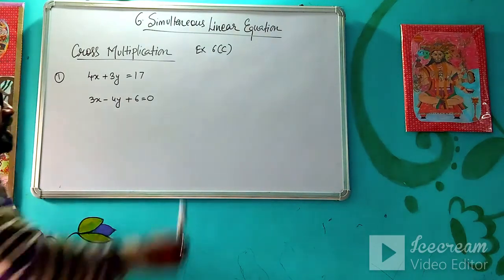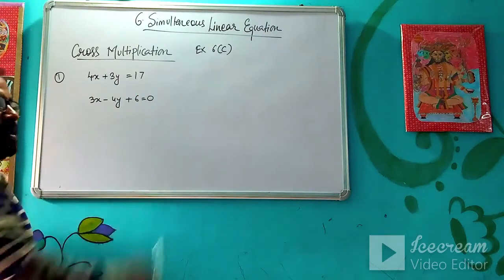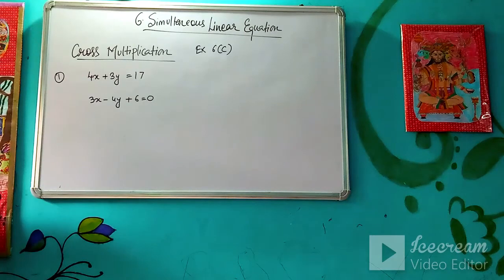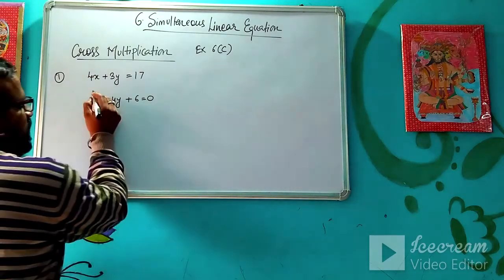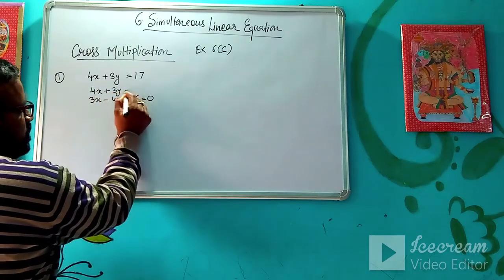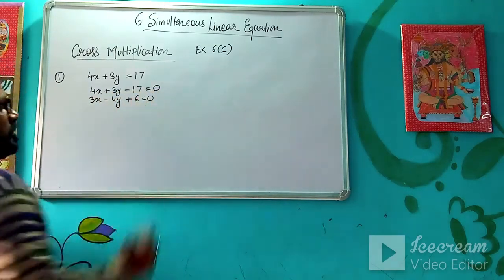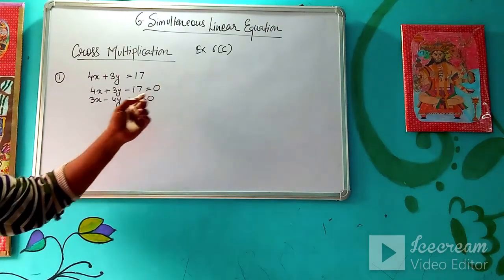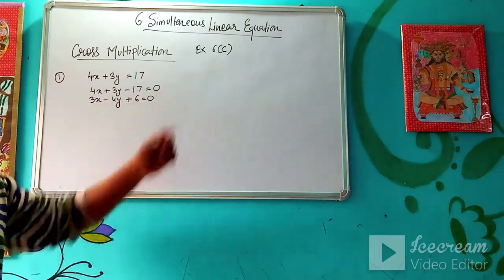In this, the constant term is written on the right hand side. So I will take this constant term here and this equation will be 4x plus 3y minus 17 equals to 0. So both equations are now in the form that we need.